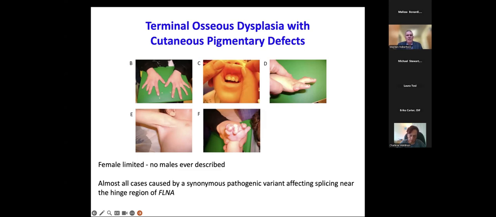So we have abnormalities, as you'll see, in the digits. We have webbing in the mouth, perhaps reminiscent of OFD. Digital fibromas, as you'll see on the right there, and webbing in the axillae of that female in this instance as well.